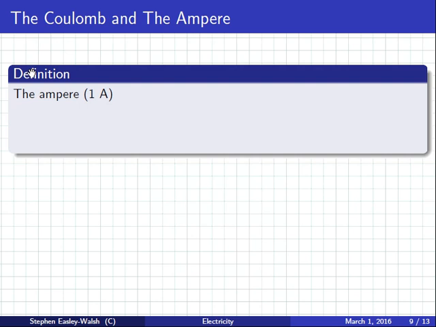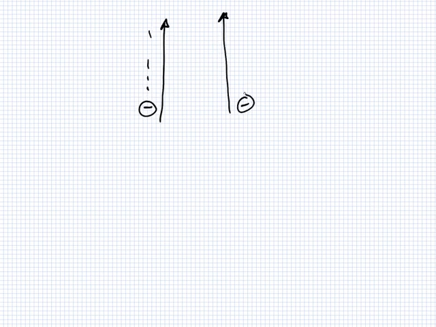Okay, so now we need to define something here. Now this definition is very technical. Unfortunately, this is the official definition of an amp. Just before I do that, as we said earlier, the law of charges means that like charges repel. So imagine we have a wire here and a wire here, and let's say we'll call it an electron. An electron moves up here, and an electron moves up here.